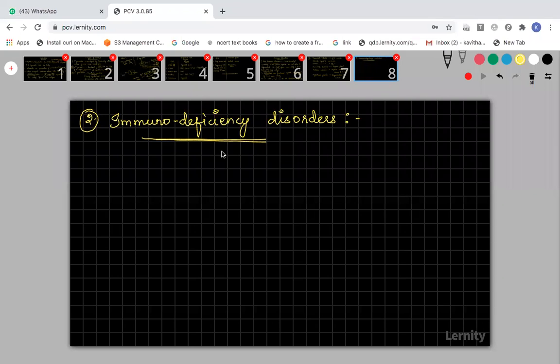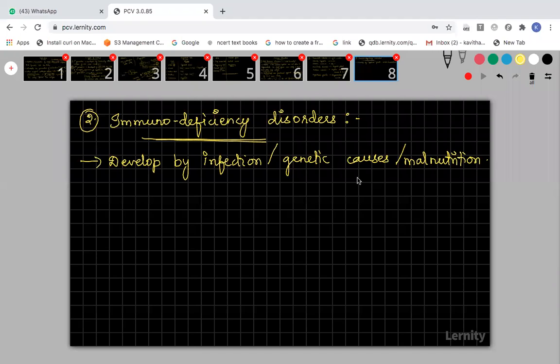Such disorders develop because of infection by some organisms, or sometimes due to genetic causes, or due to malnutrition. If you are not eating a proper balanced diet, it may result in immunodeficiency disorder.